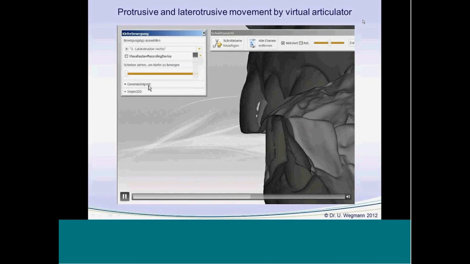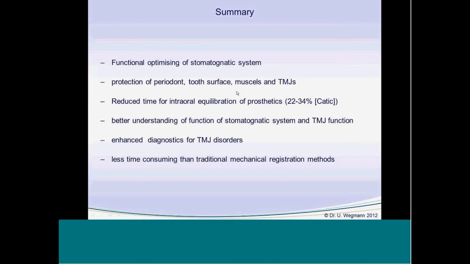Okay, let's have a short summary. What can we do? We can do a functional optimizing of the stomatognathic system. And from this, we have a protection of periodont, tooth surfaces, the muscles, and the TMJs to avoid overload to one of these parts of the masticatory system.